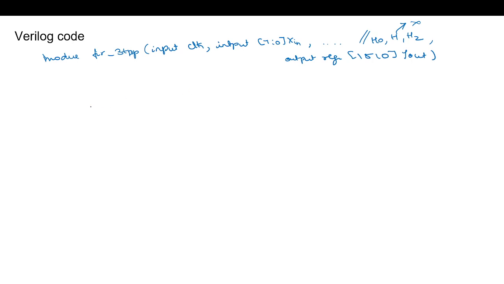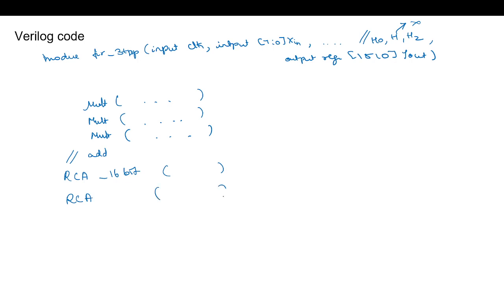Then we have to call this multiplier 3 times. Then we need add. So we have to call the 16-bit adder 2 times.